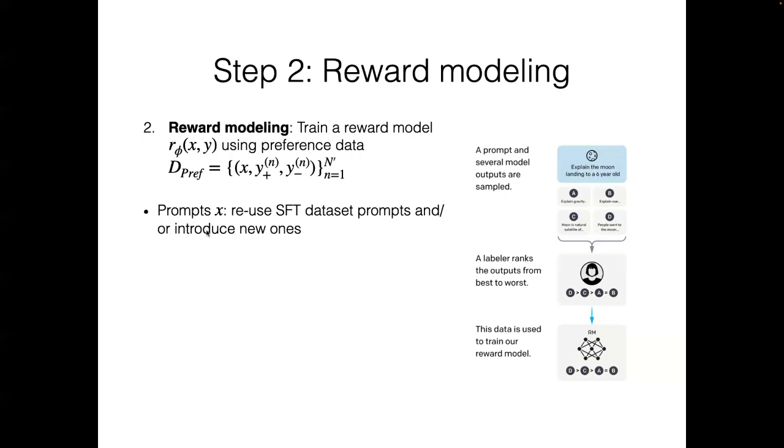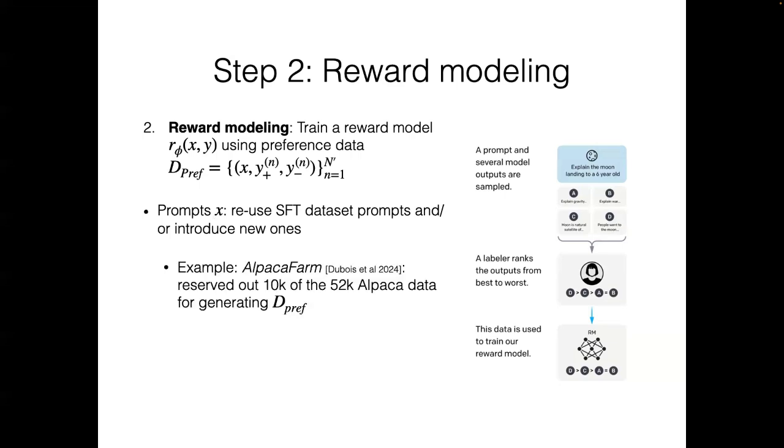But at the end of the day, you have to get some prompts for this reward modeling step. So for example, AlpacaFarm. Their goal was to basically reproduce this entire pipeline that I'm telling you about. And so what they did is just save 10,000 of these 52,000 prompts only for the reward modeling stage.